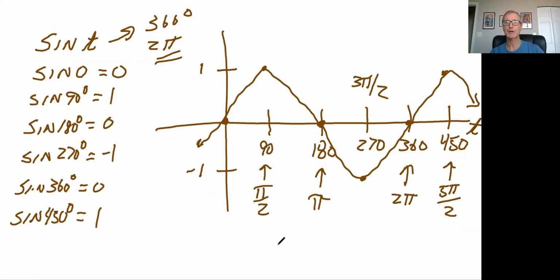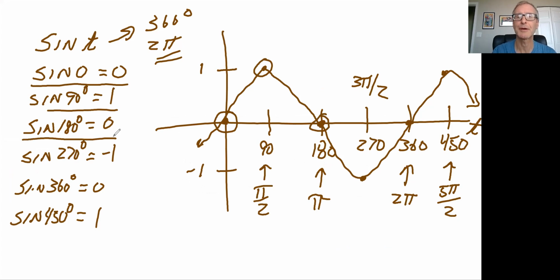And so looking at this sketch that I did, this is the first key point, which is where we start. Here's the second key point, that's the highest value. Here's the third key point, where it crosses the angle axis or the horizontal axis. Here's our lowest point.